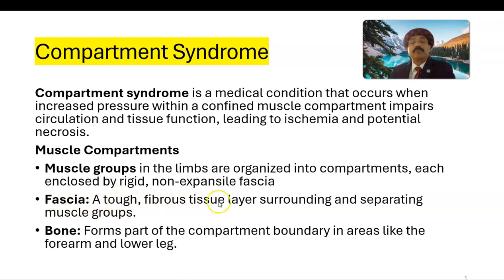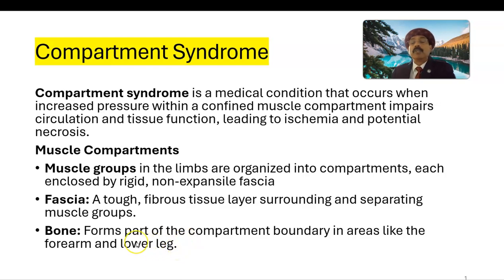Fascia is a tough fibrous tissue layer surrounding and separating muscle groups. The fascia are connective tissue. Bones also help in the formation of the muscle compartment, forming part of the compartment boundary in areas like the forearm and lower leg.